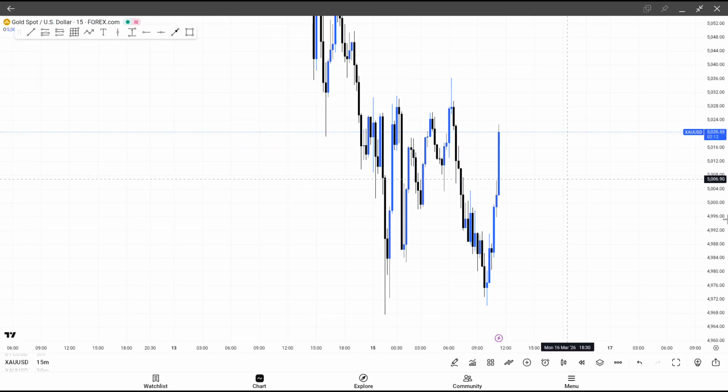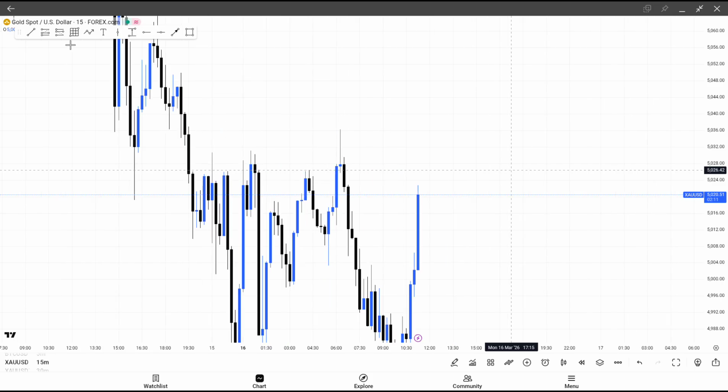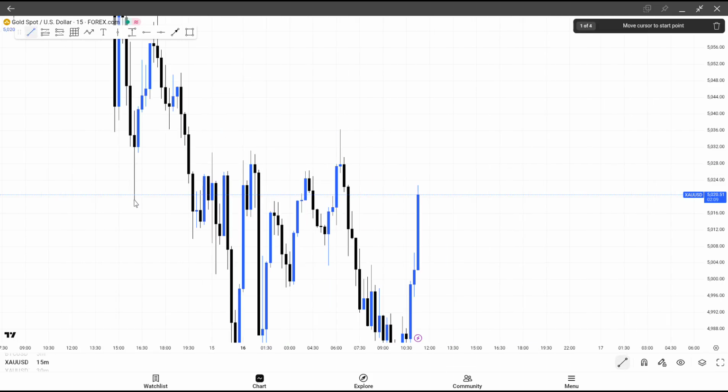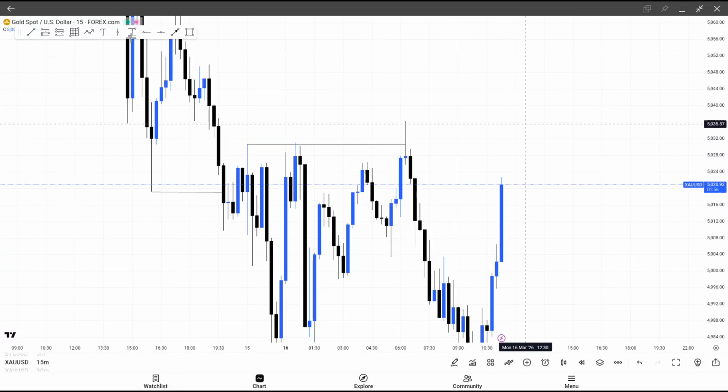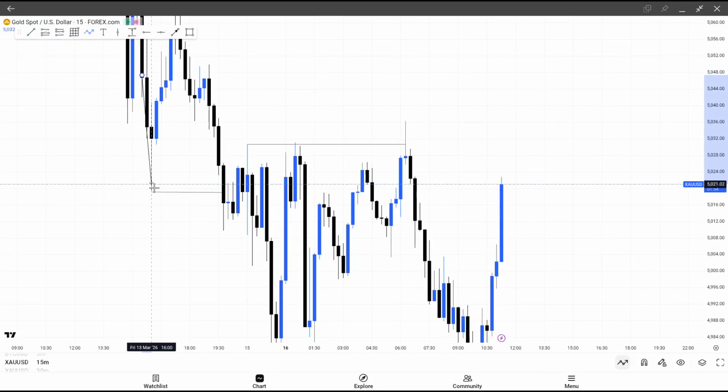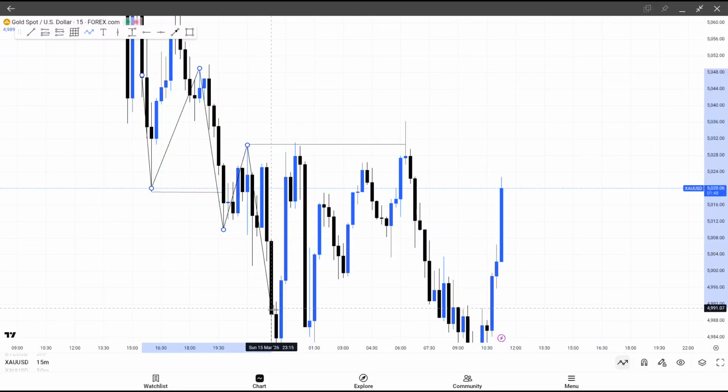All right, for example, we have a break of a structure here. Okay, and we have the inducement in this place. So we can see that we have a break of a structure, price went up and went down again.